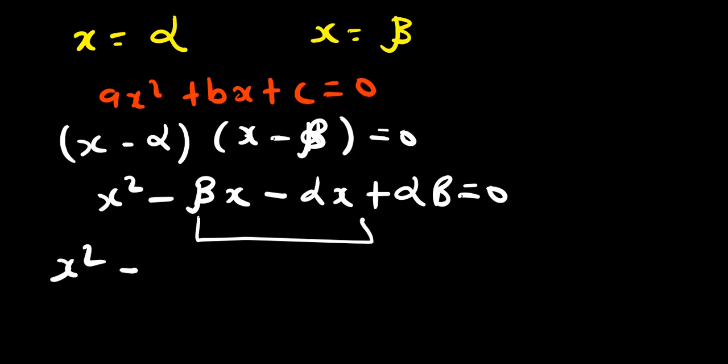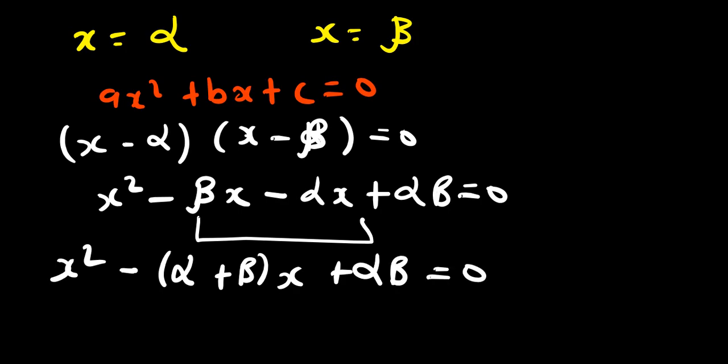Because there's a negative here, when we factorize that part, we have alpha plus beta, then you have your x outside, it's the one that we factorize, plus alpha beta, this whole expression equals 0.